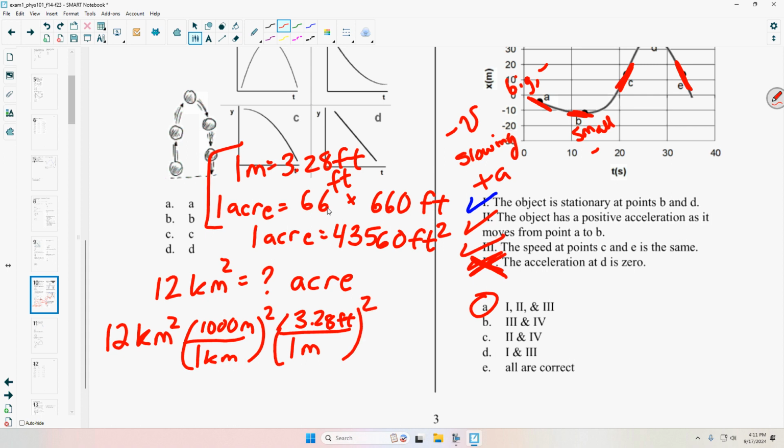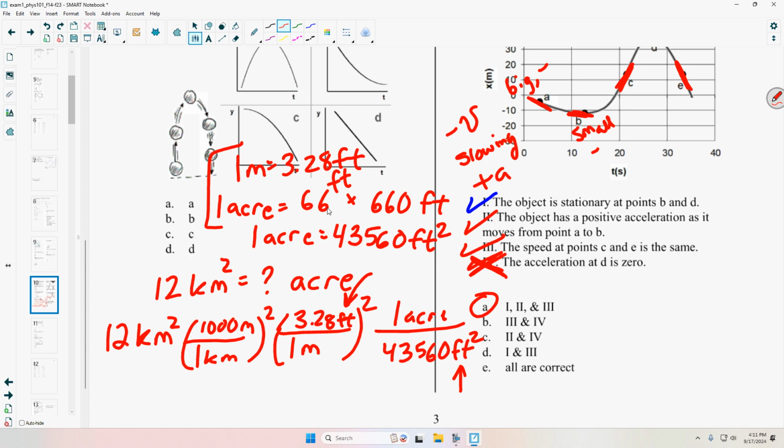Then I want to change my feet squared to acres. So I'll say that 1 acre is equal to 43,560 feet squared. Do I square that conversion factor? What do y'all think? I do not, because I would have feet to the fourth when I square that number, but I already have feet squared here.